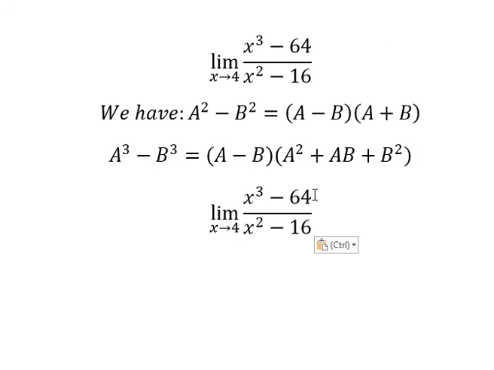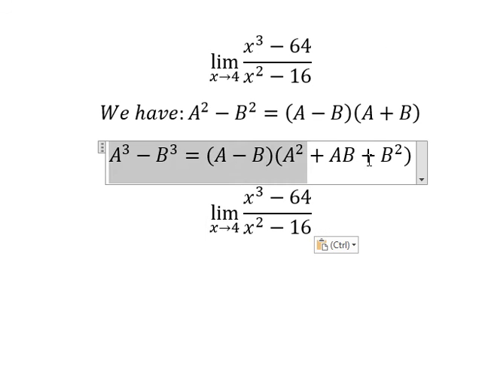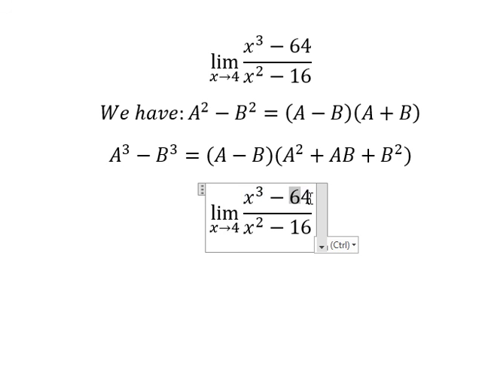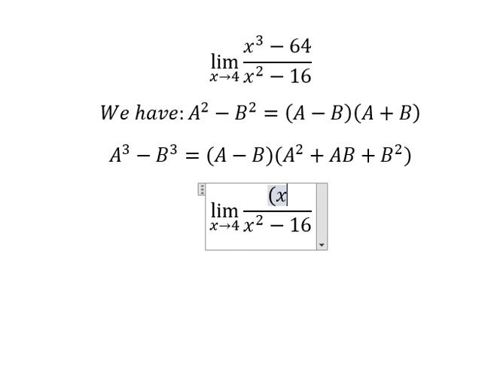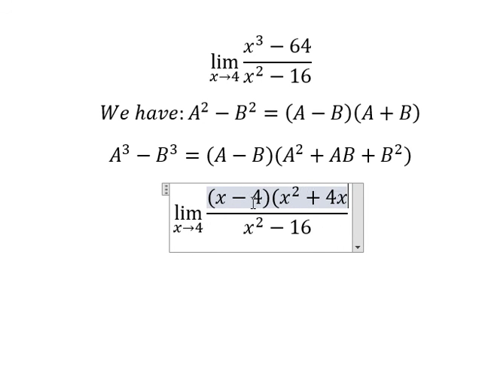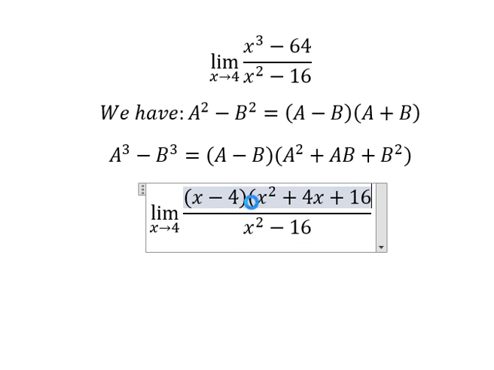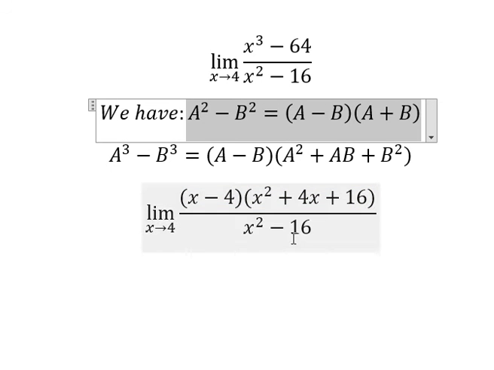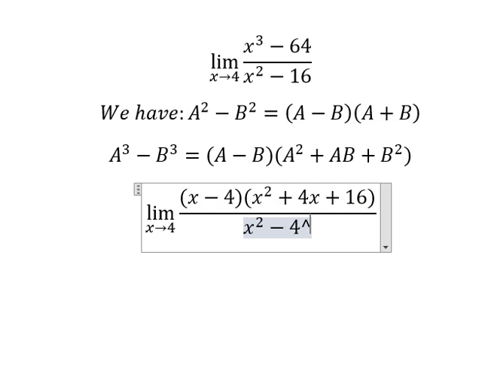So we can apply the formula this one for this one, because 64 is 4 to the power of 3, and this one we have s minus 4, s squared plus 4s plus 16. This one we can apply for this one, and we have s minus 4, s plus 4.